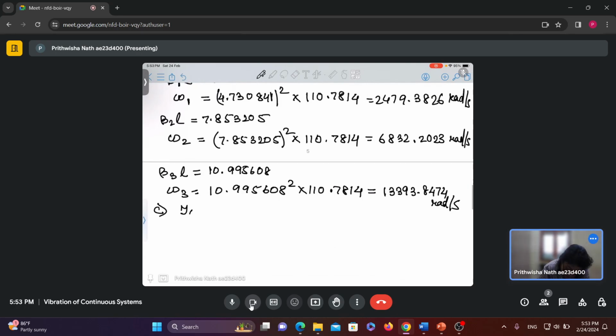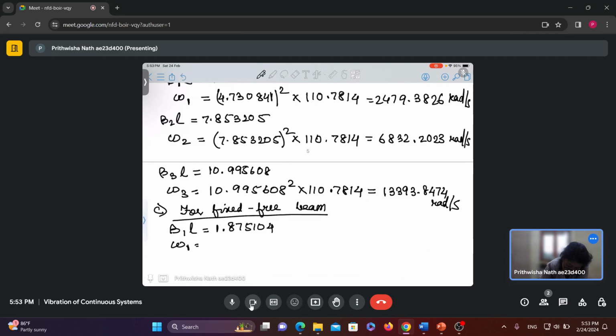So for the fixed free beam, here also similarly we have to do the same thing. Here beta 1 L is given as 1.87514104.